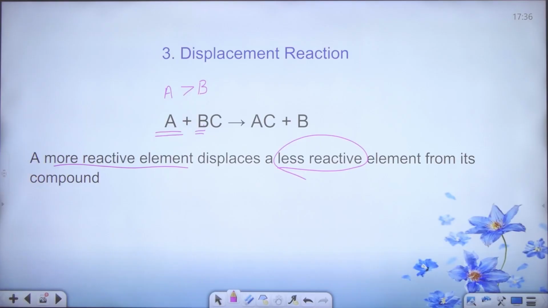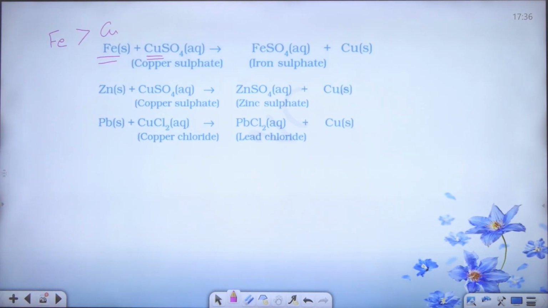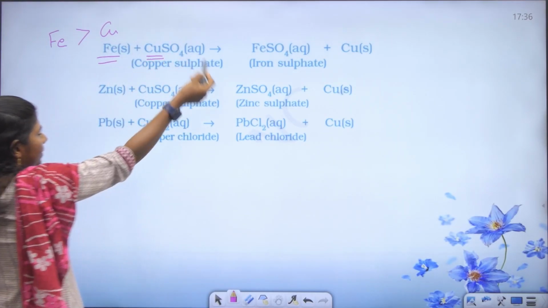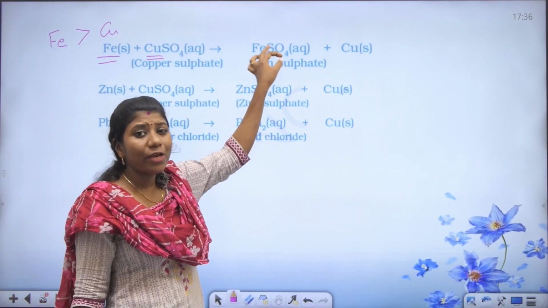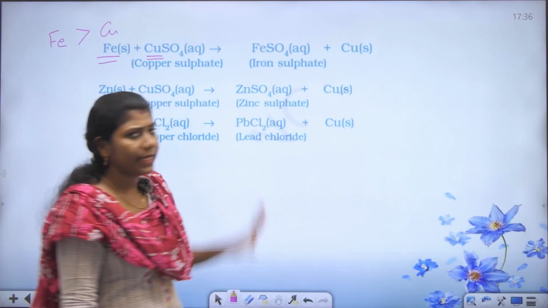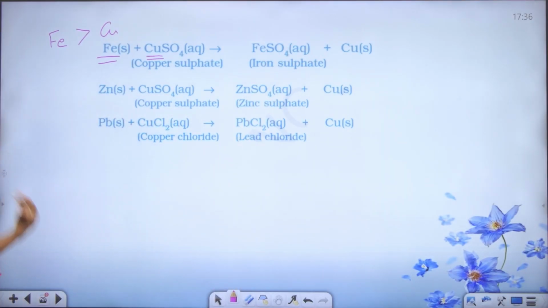So, according to displacement reaction, a more reactive element displaces a less reactive element from its compound. Iron is more reactive than copper, so Fe displaces copper from copper sulfate to form FeSO4 and copper.